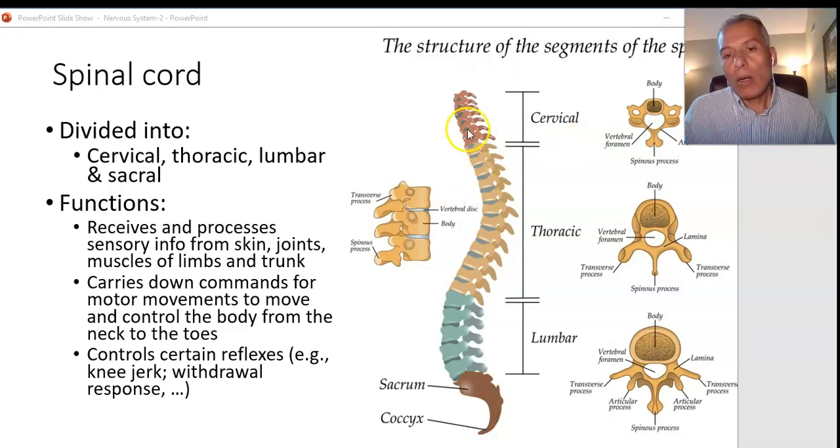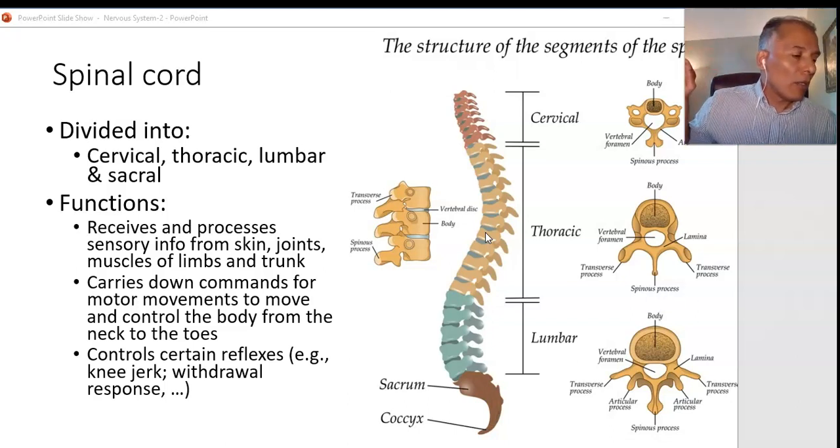And also the spinal cord has the ability to control some reflexes, like the knee jerk, for example, or the withdrawal reflex, like you are sleeping and a mosquito or something stings you.